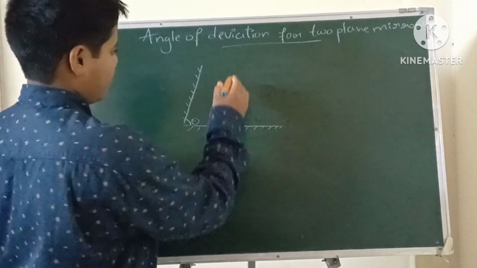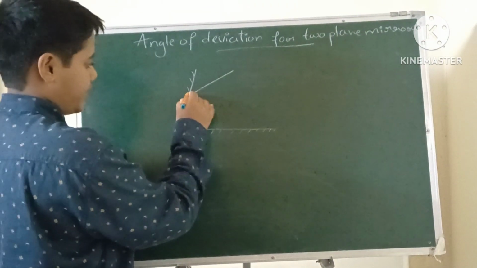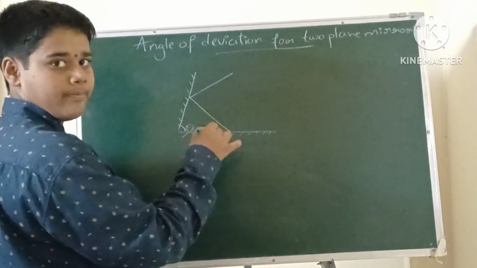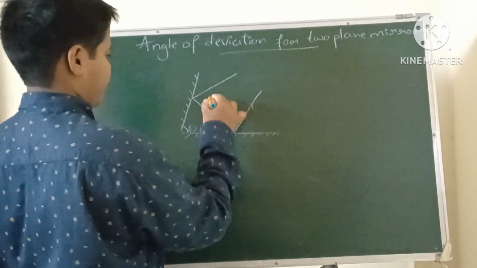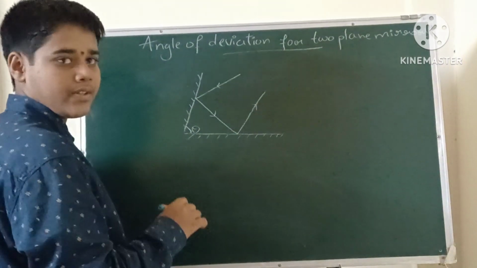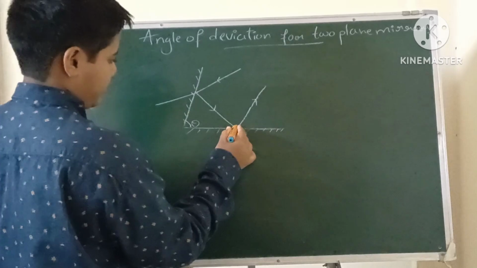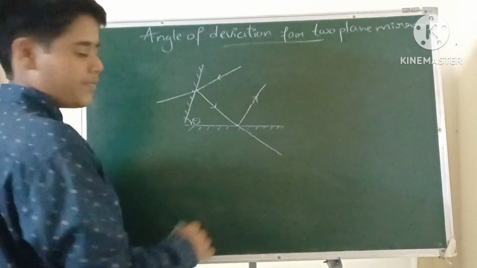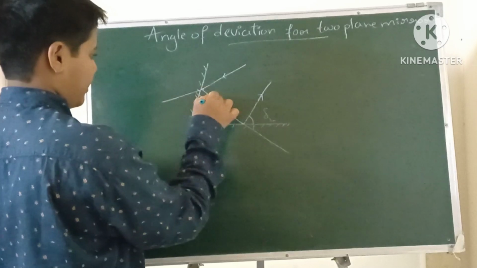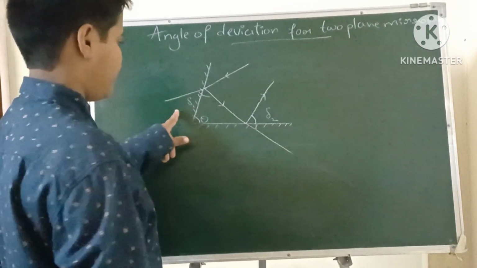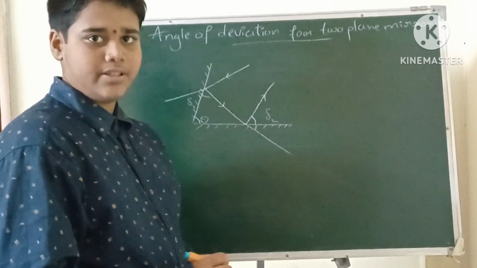Okay, so one of the incident rays falls on this plane mirror and is reflected to this plane mirror and reflected. Okay, so this is extended incident ray and this is extended incident ray. So this is delta 2 and this is delta 1 because this is also an angle of deviation, this is also an angle of deviation.